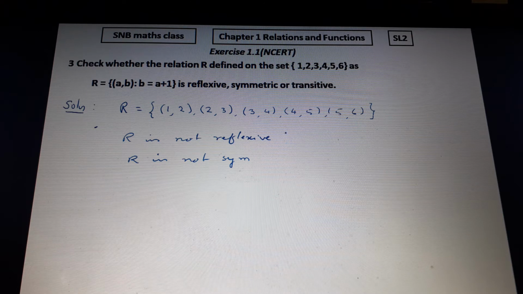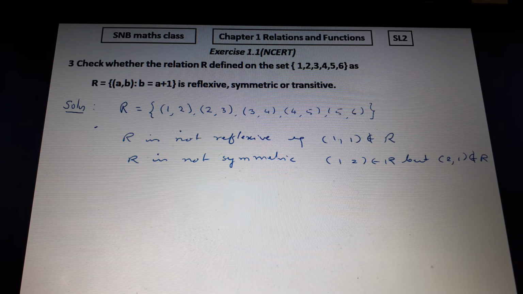So here we can write, for example, (1, 1) does not belong to R. Then for symmetric, you can give one example. Say, for example, (1, 2) belongs to R, but (2, 1) does not belong to R. So that is sufficient.